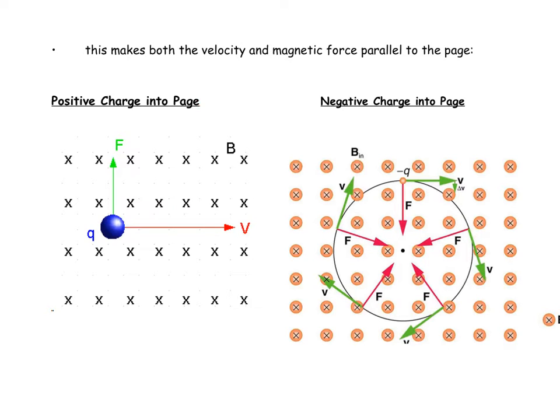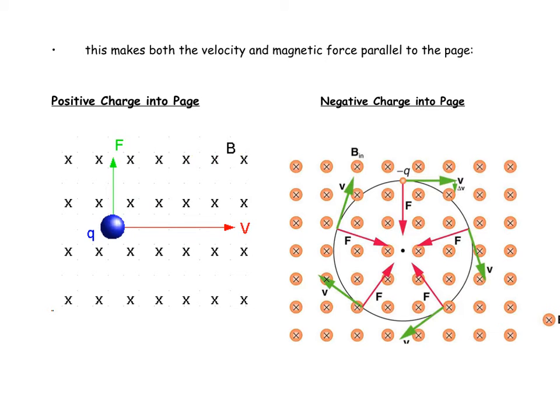Your fingers are representing the direction of the magnetic field, and in this diagram I can see that the magnetic field should be pointing into the page. I can see these X's, which are representing the tail end of the arrow, so I'm looking at the arrow as it moves away from me. My fingers are going to go into the page.